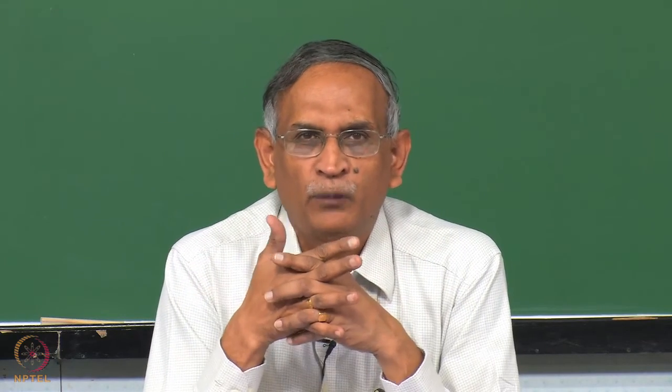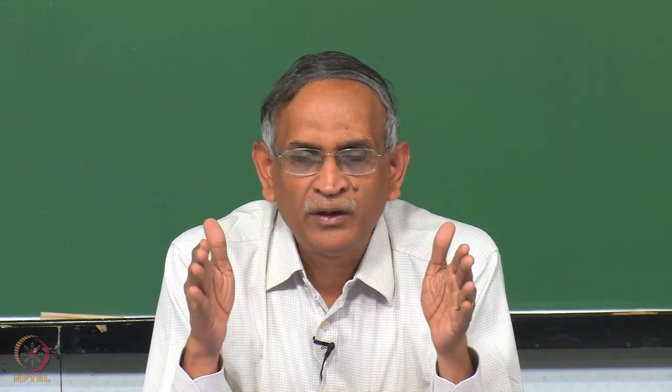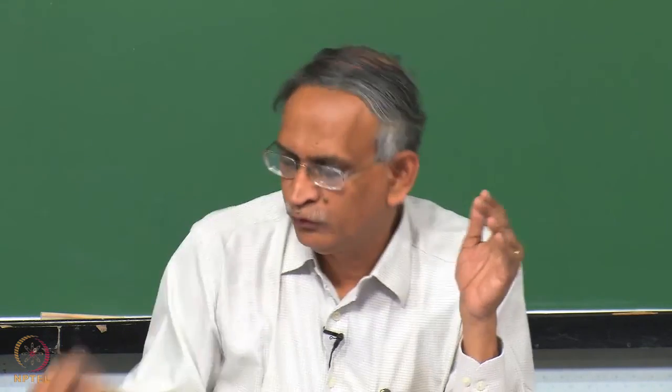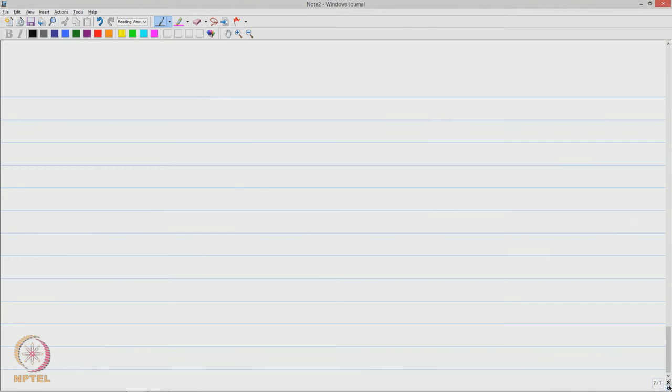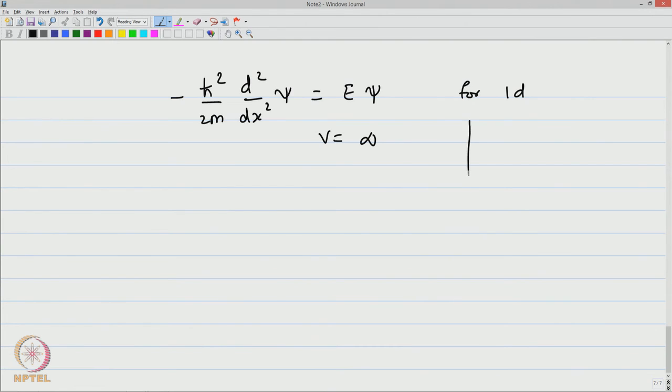Please remember, the square root of 2 by L sine n pi x by L was arrived at with specific boundaries with potential V equal to infinity. If you recall, when we solved this equation, minus h bar square by 2m d square psi by dx square equal to E psi for the 1D model, we assumed that V is infinity everywhere else and V is 0 inside.